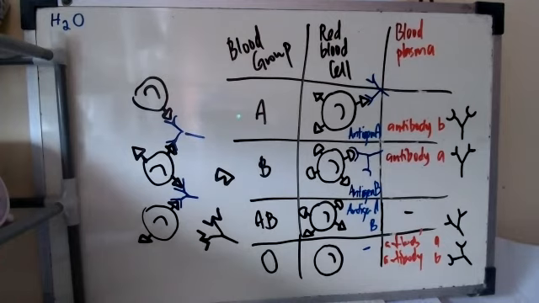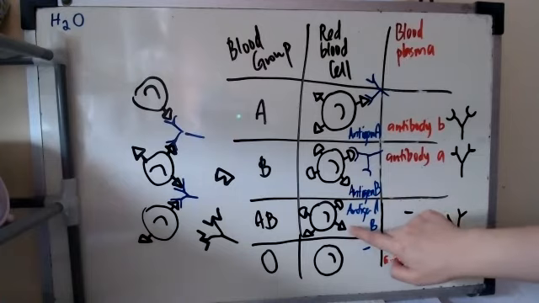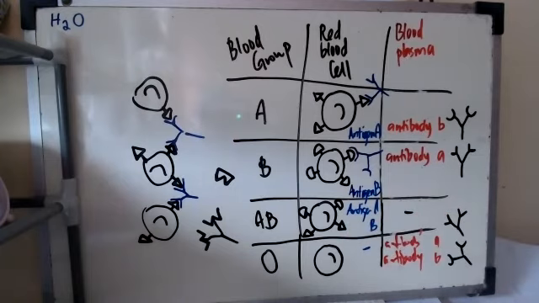Okay? There's no impact for blood group AB without antibody A and antibody B. Because after all, A and B don't recognize virus or bacteria. It just happens that they recognize the protein found on the red blood cell. That's all.